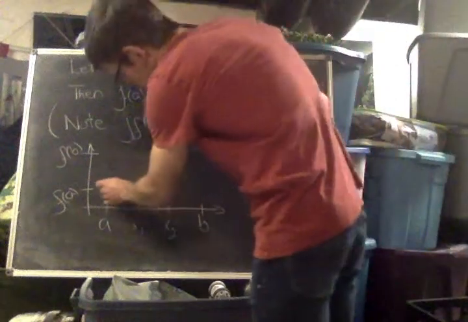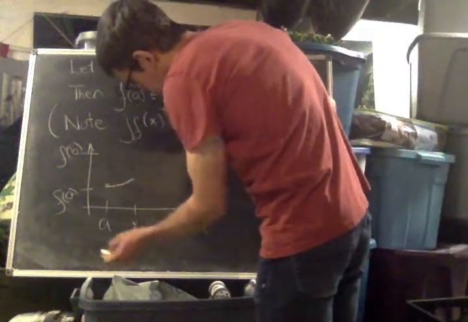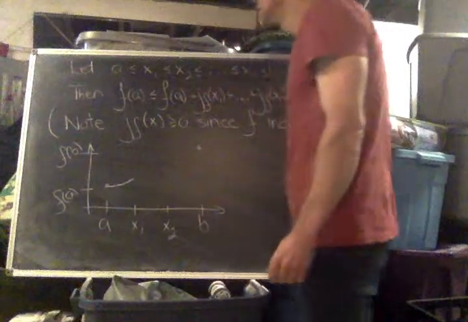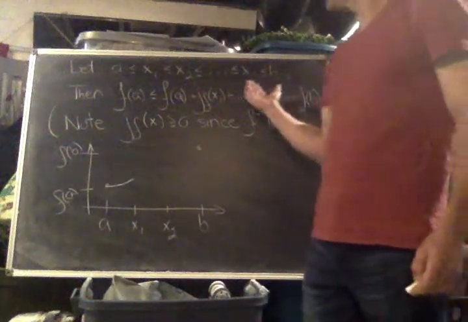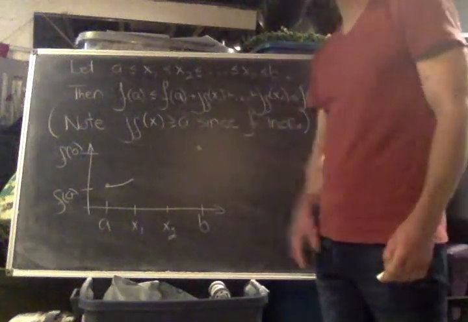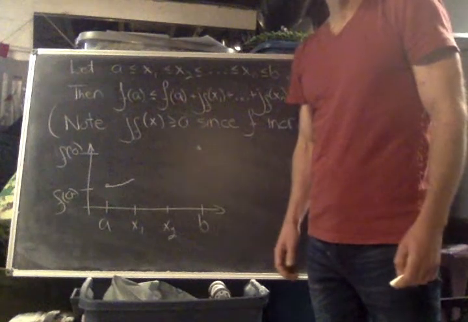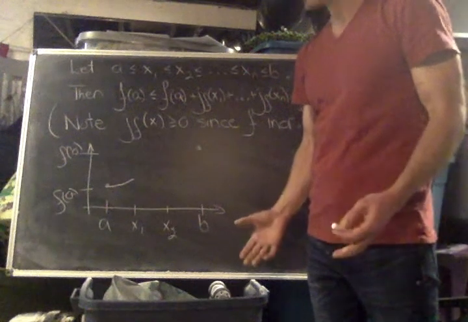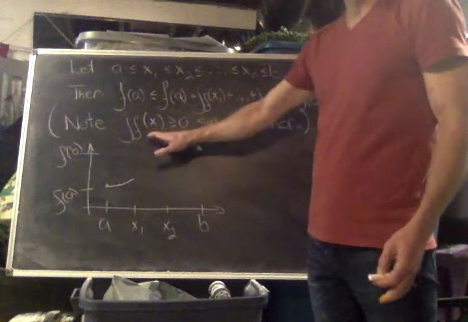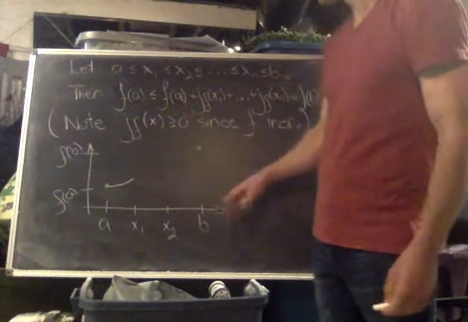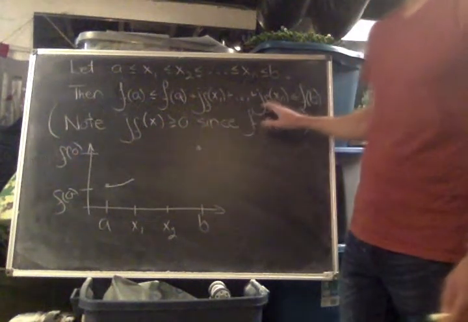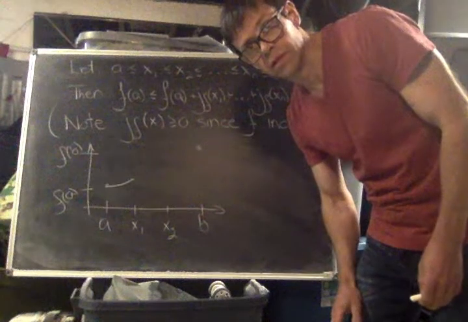So our function is increasing, and then as you come to x1, note that there is nothing in the way that I've chosen this list of points from the interval that says that this jump quantity at any one of those points has to be strictly greater than 0.